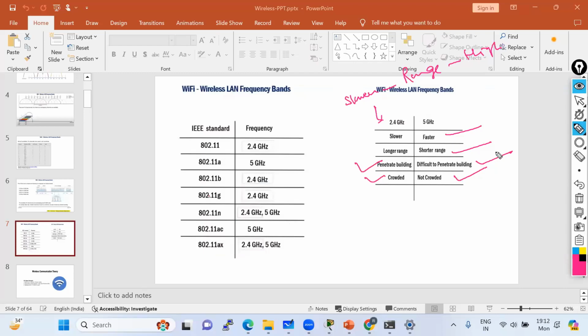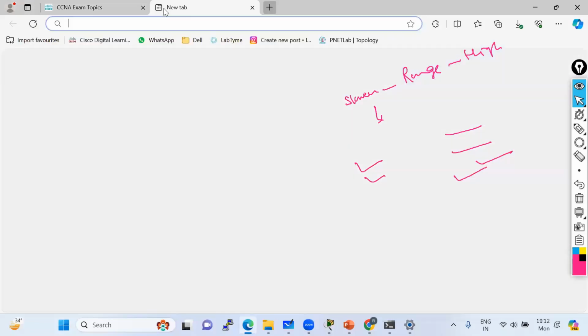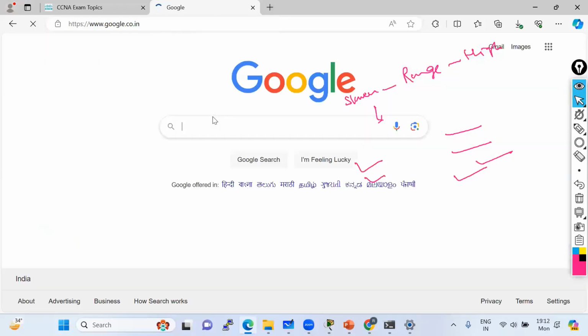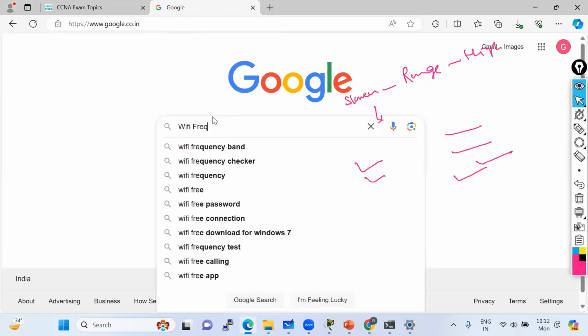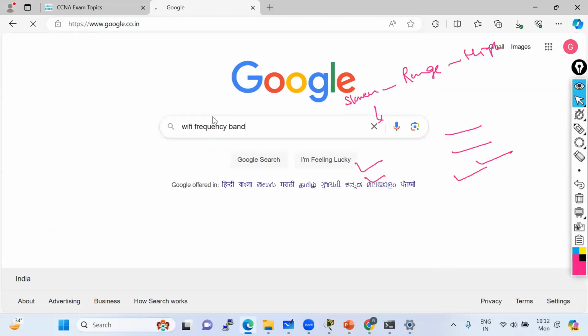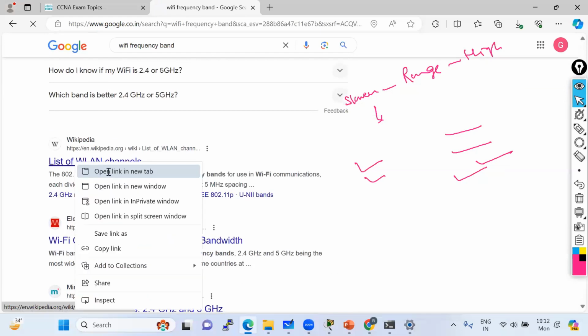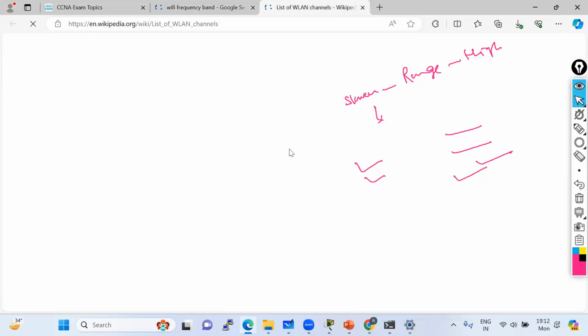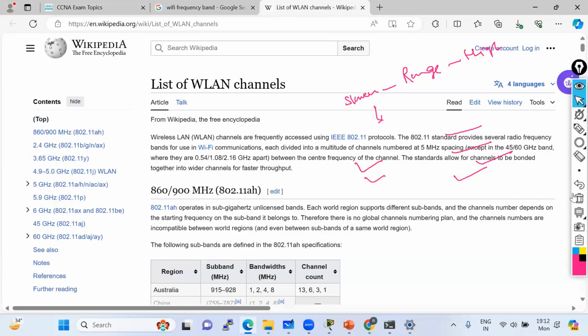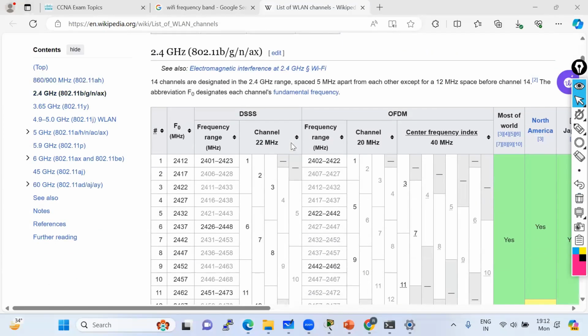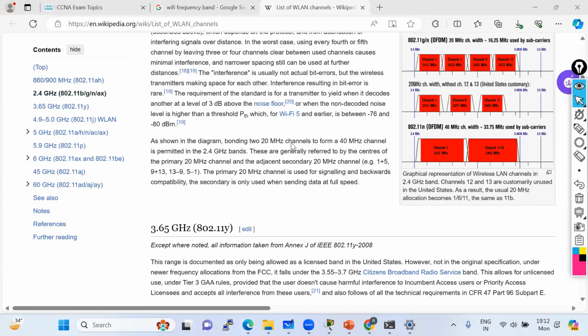And now if I talk about the band differences, what is this frequency band, right? Meaning, Wi-Fi frequency bands. So if you try to understand from Wikipedia itself, let me explain a little bit.